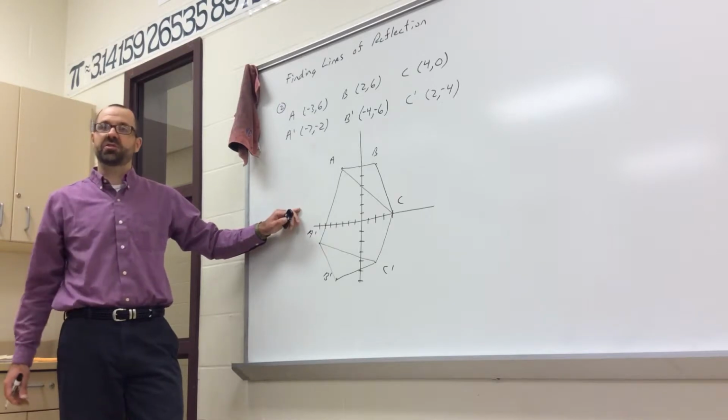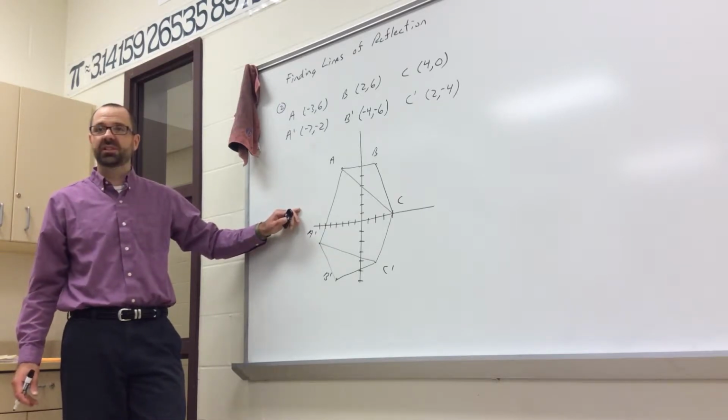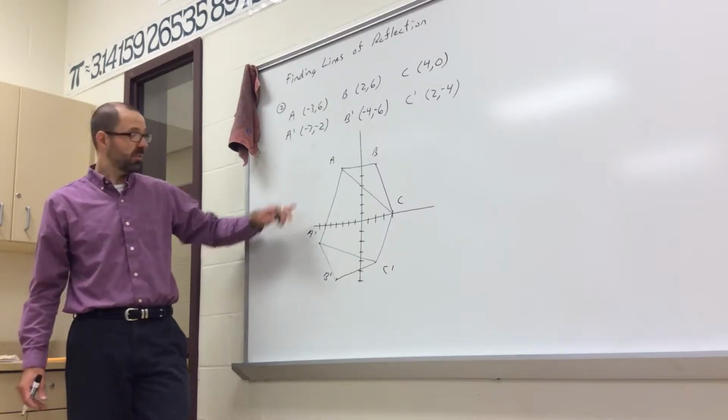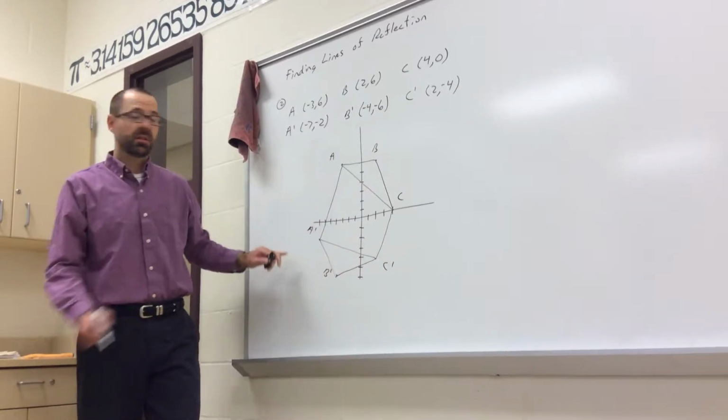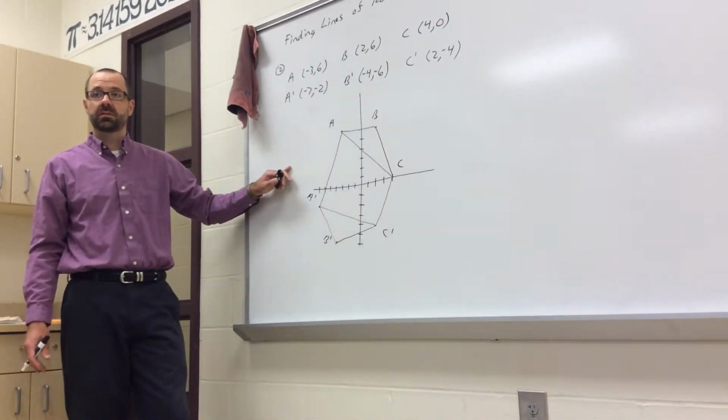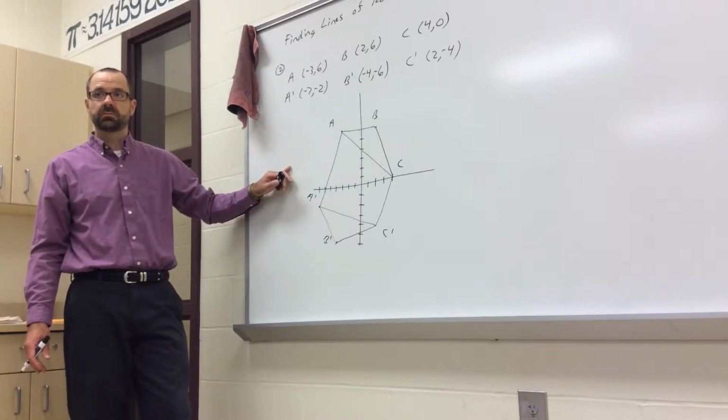All right, so yeah, if you're not sure, you can do some research. Nice work, Charlie. So the question on the table is, what do we know about connector lines and reflection lines? They're perpendicular, and the line of reflection goes through the midpoints and is perpendicular to the connector line.